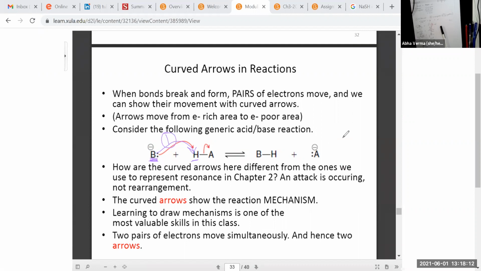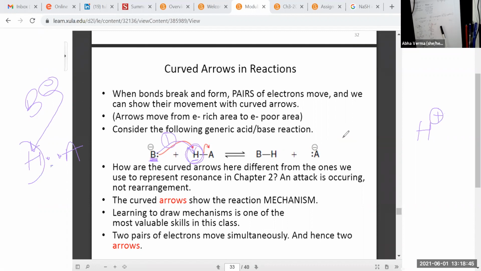So when the base attacks this acid, the base takes away this proton. What is a proton? A proton is an H positive. It is electron deficient. So what is happening here is that in HA, there are two electrons. Remember, each bond has its two electrons. When the base attacks, it only takes the hydrogen.